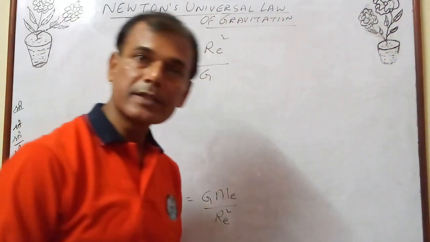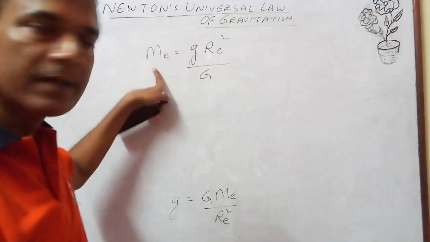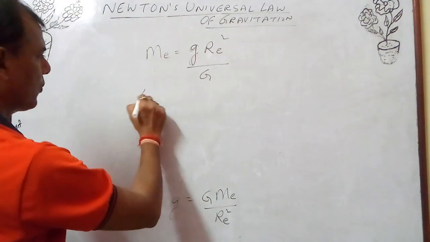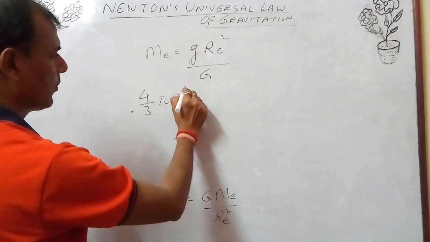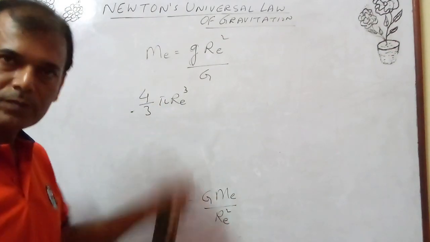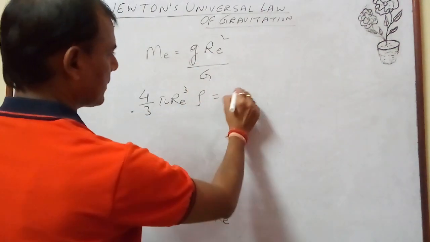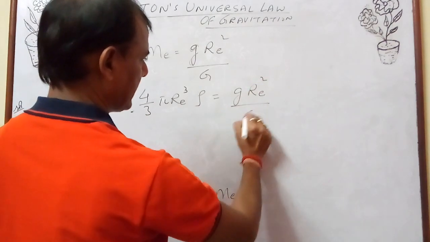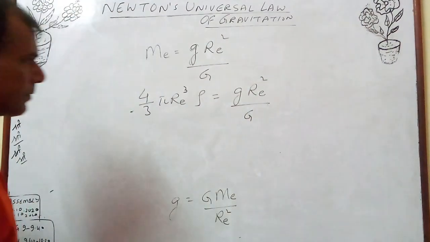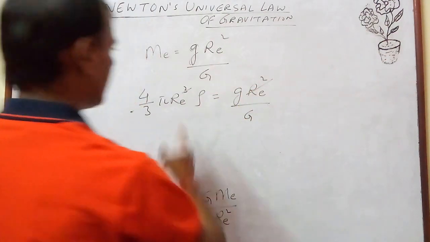Sometimes the question is what is the density of the Earth? We can replace mass in terms of volume times density. The volume of a sphere is 4 by 3 pi RE cube, multiplied by the density of Earth, equals g RE square upon capital G. RE square cancels.